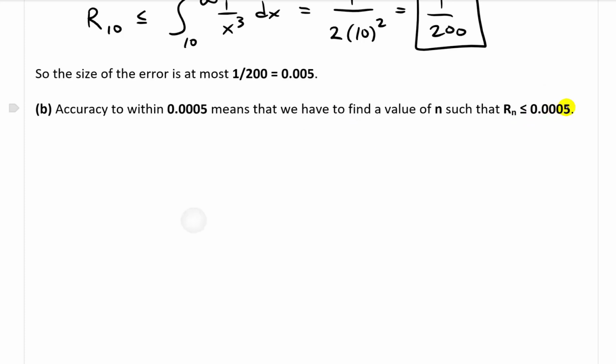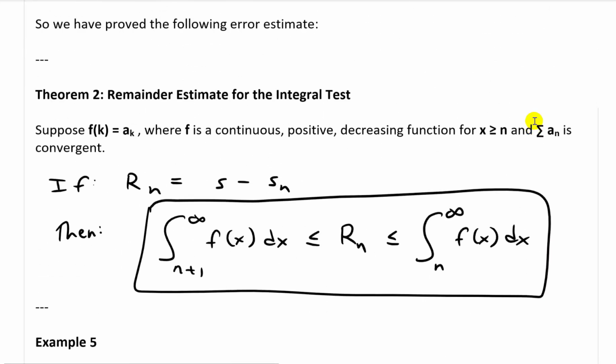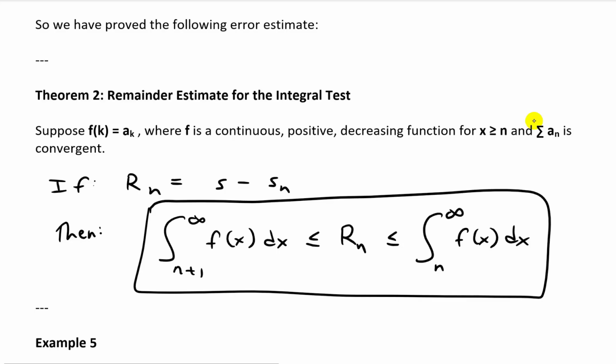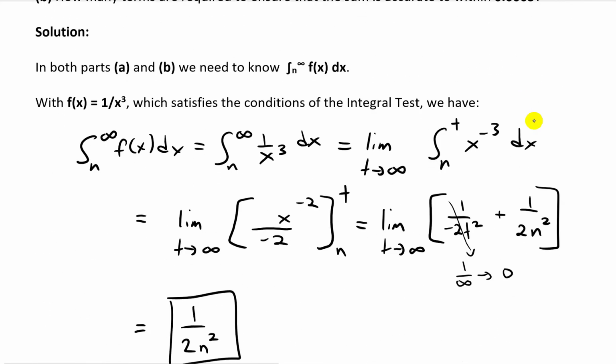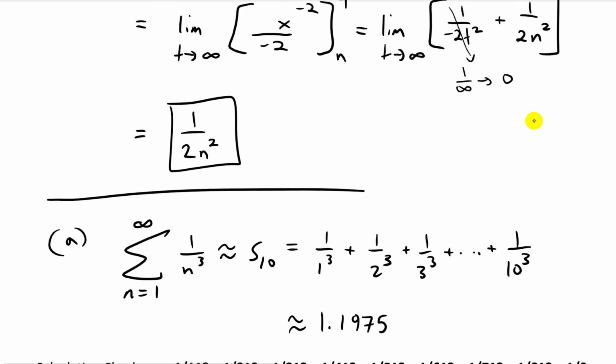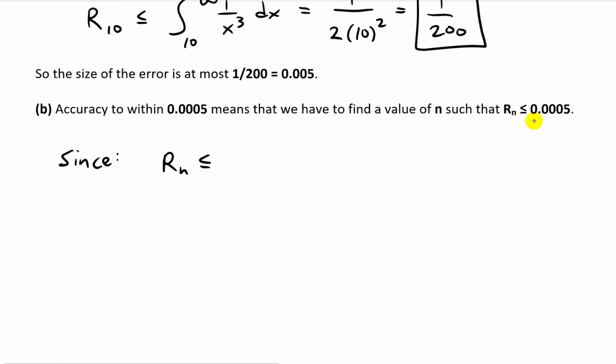So what we'll do is write, since we know that Rn is less than or equal to, we'll scroll up again, the integral from n to infinity of f(x) dx, where f(x) is 1 over x squared.